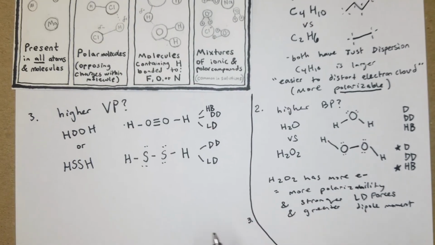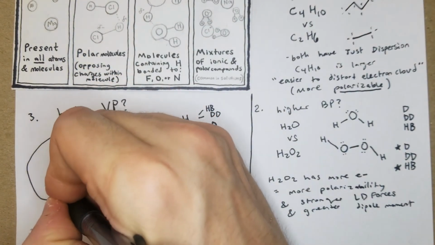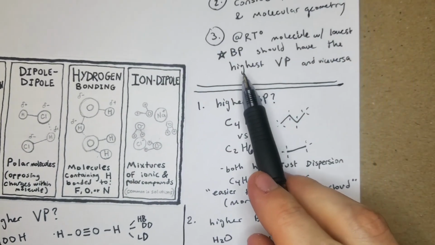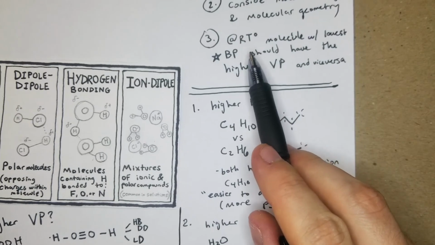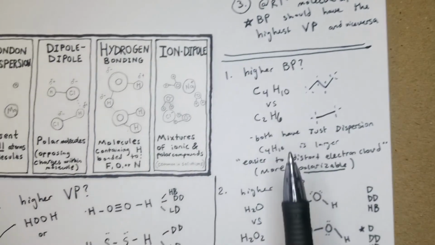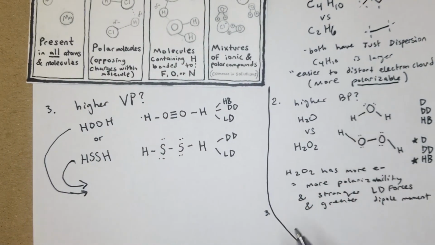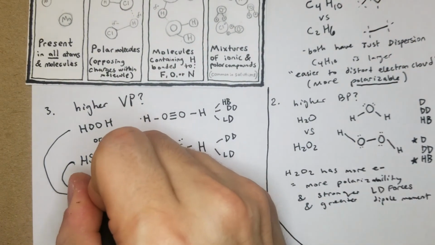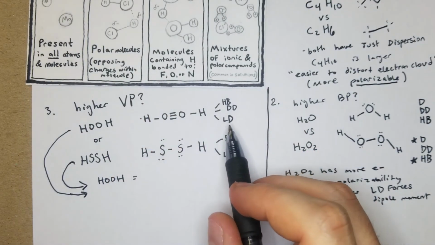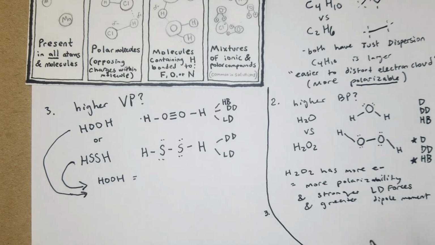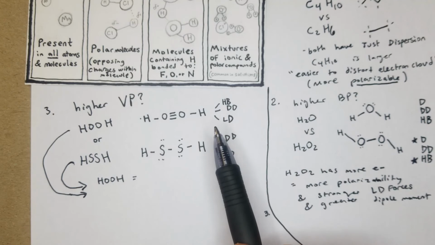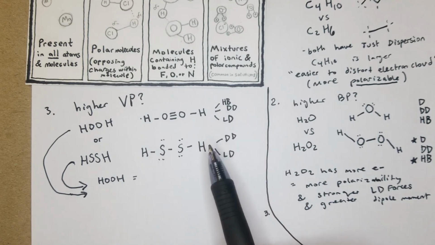However, now we have to look at them based on the rule up here, number 3, which I think is very important: at room temperature, the molecule that has the lowest boiling point should have the highest vapor pressure. So in this case, HOOH has the stronger intermolecular forces, greater polarizability, and it's easier to distort its electron cloud.